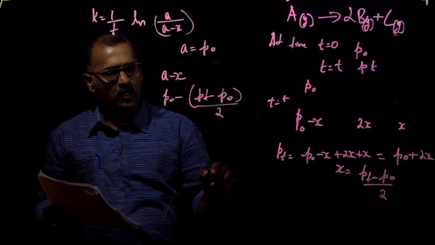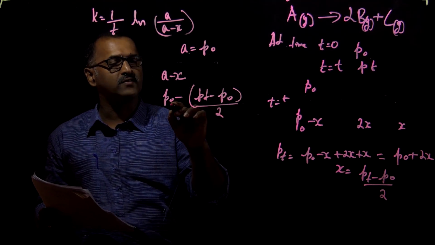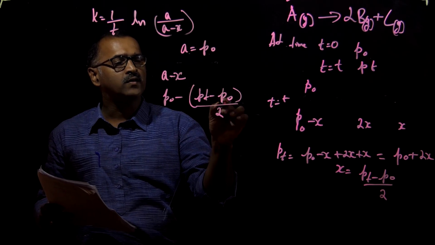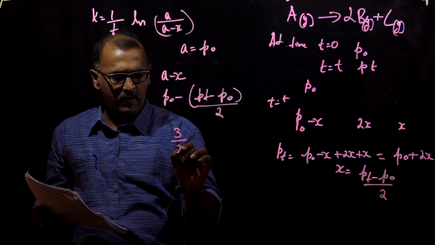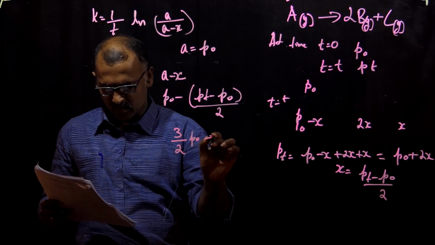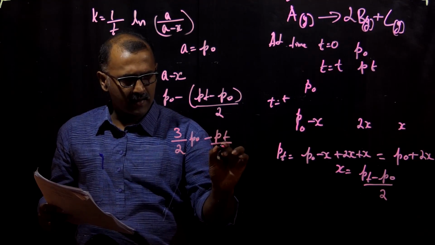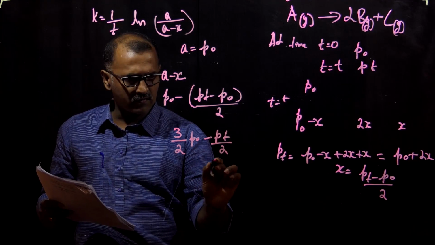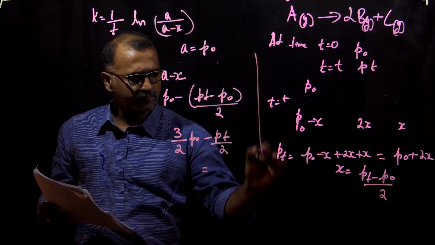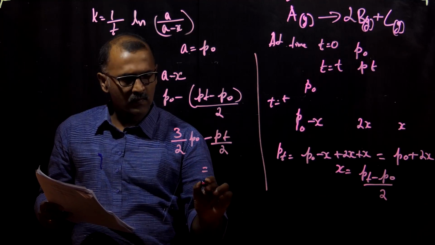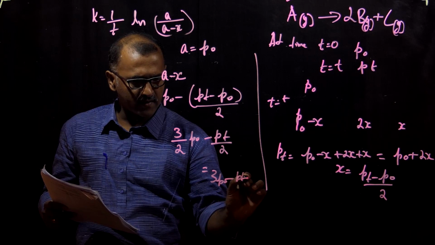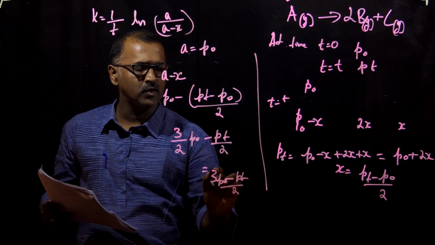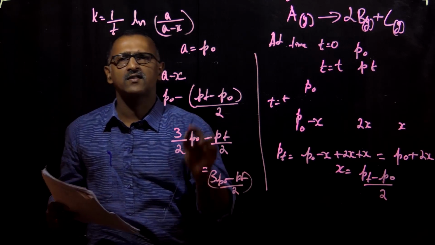So there will be 2 P0, P0 and P0, which will be 3 by 2 P0. So this can be given as 3 by 2 P0 minus Pt by 2, or 3 P0 minus Pt by 2. So you have got your A minus X also.